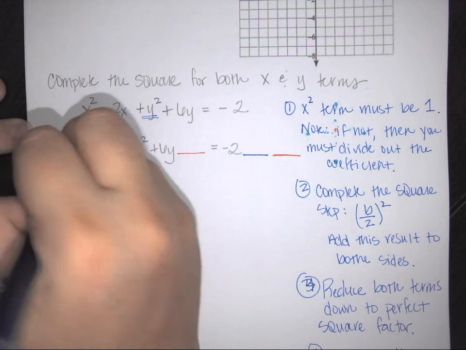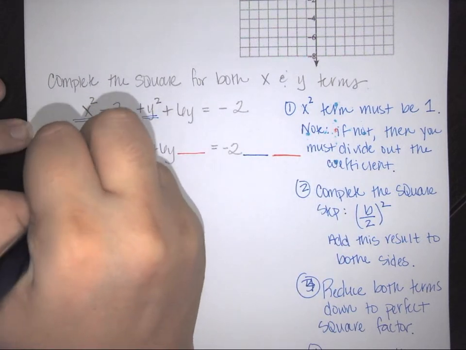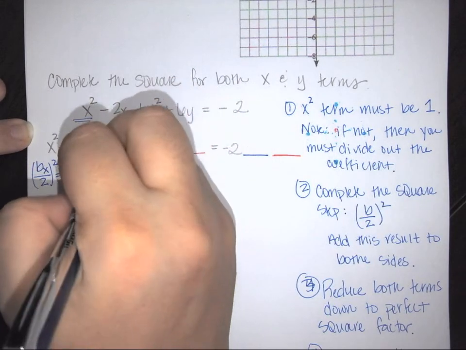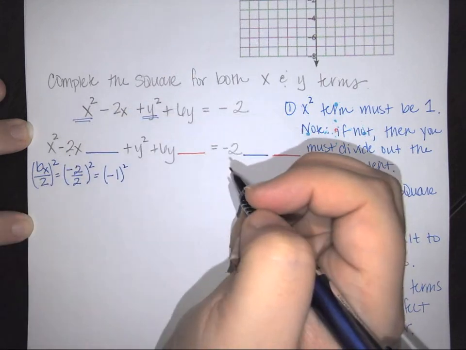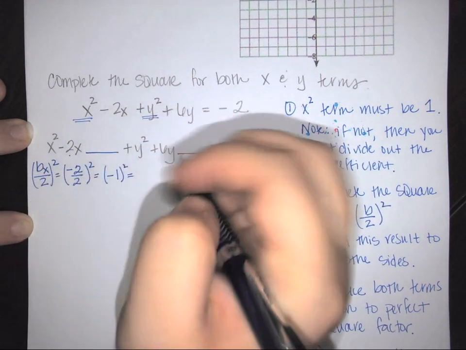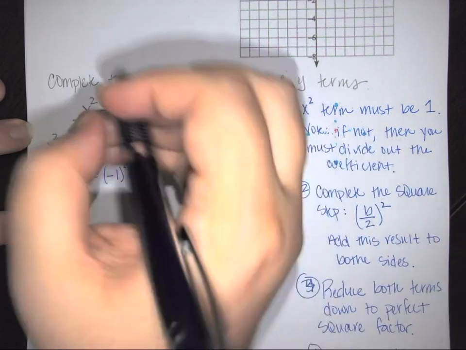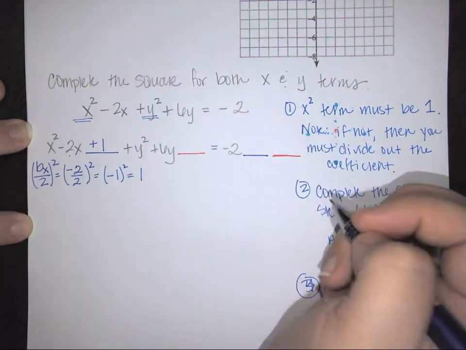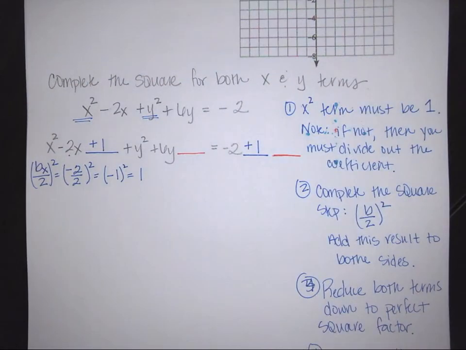The sign is super important, so this is actually negative 2 over 2 squared. Negative 2 over 2 becomes negative 1, and when I square it, this becomes a 1. So I have to take this value and it becomes a plus 1 on this side, which means I have to add 1 to the other side.